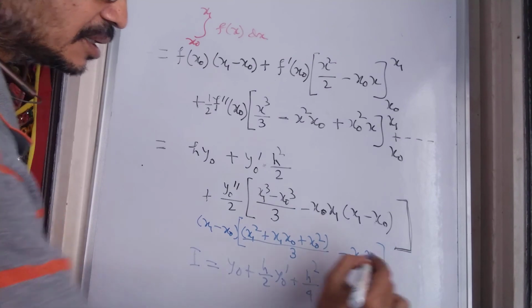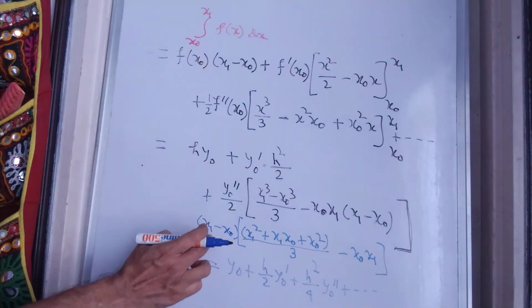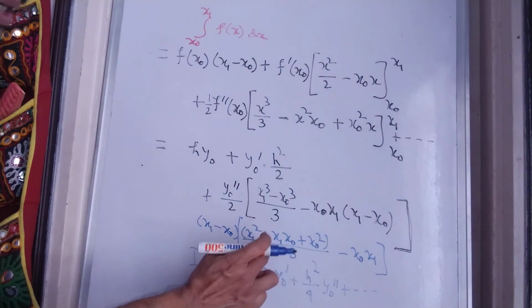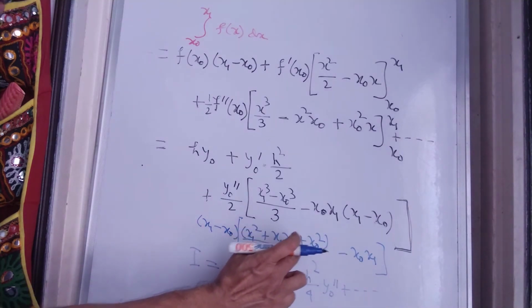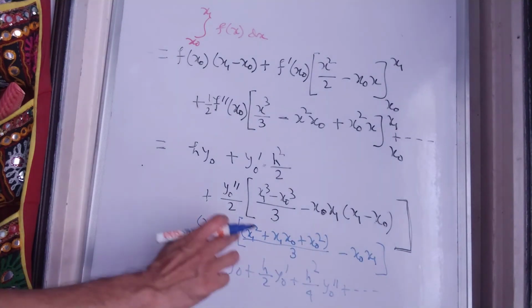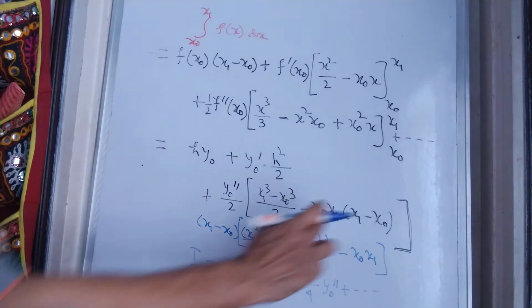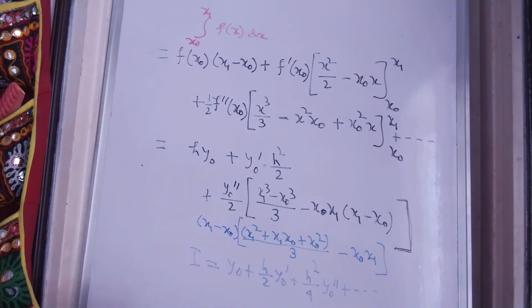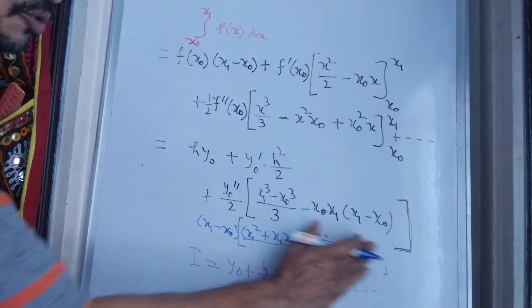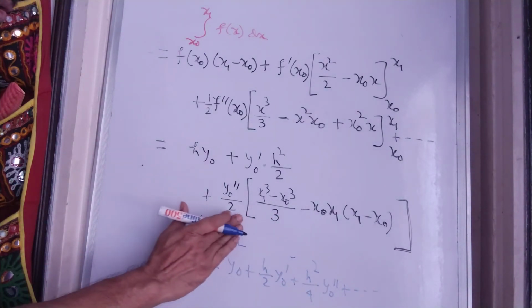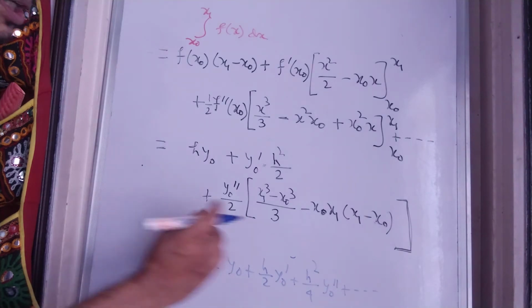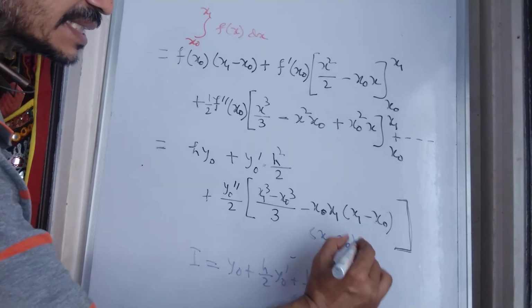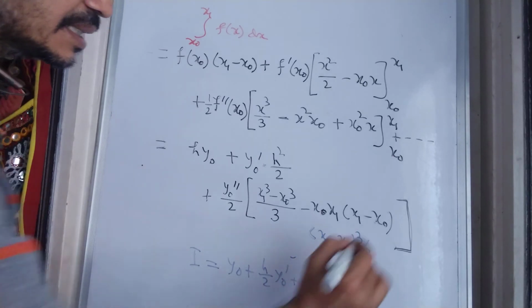If we take the x1 minus x0 term common to the left hand side, and do this algebra, this becomes x1 square plus x1 x0 plus x0 square minus 3 x0 x1, which is actually x1 square minus 2 x0 x1 plus x0 square by 3, which is nothing but x1 minus x0 whole square by 3. So this is actually nothing but x1 minus x0 whole cube by 3.